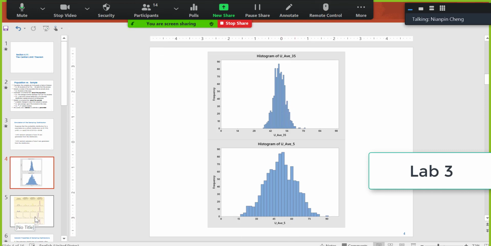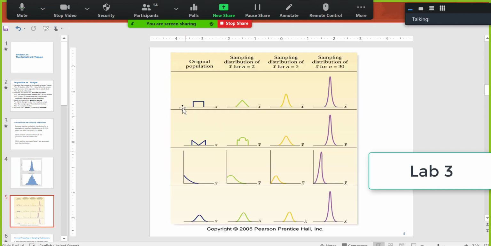So this is called the central limit theorem. No matter the original population, for ours a uniform distribution, when the sample size is large enough, usually larger than 30, the general shape becomes a normal distribution. Okay, so now back to the lab.